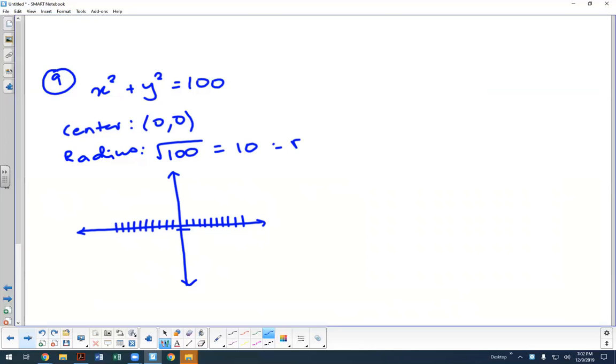Because that's what I'm kind of seeing you guys do here. Yeah, I'm going to end up with an ellipse instead of a circle. Okay, it's something like that. Center at 0, 0, radius of 10.